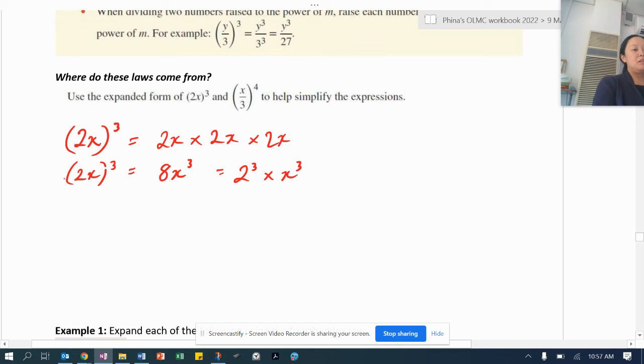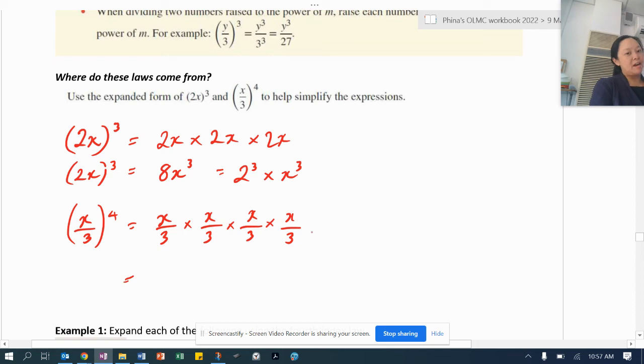The fractional one, x over 3 to the power of 4, if I wrote that out fully in expanded form, is x over 3 times x over 3 times x over 3 times x over 3. If I work that out, this is all x to the power of 1, so I'd add them all up.